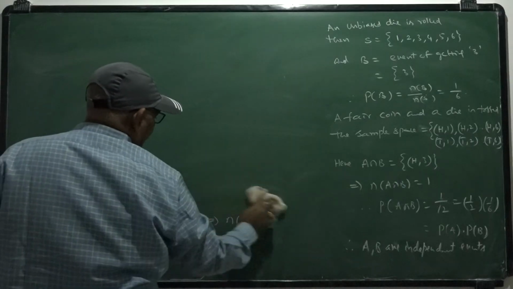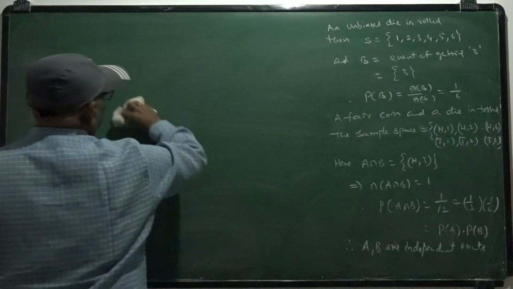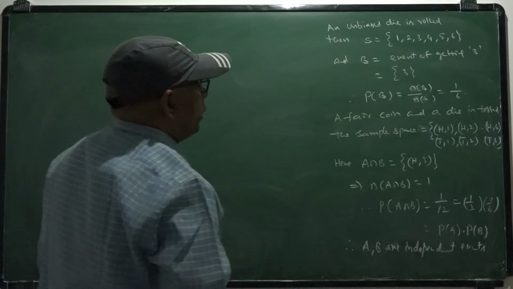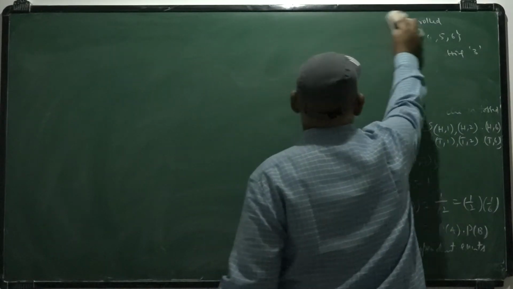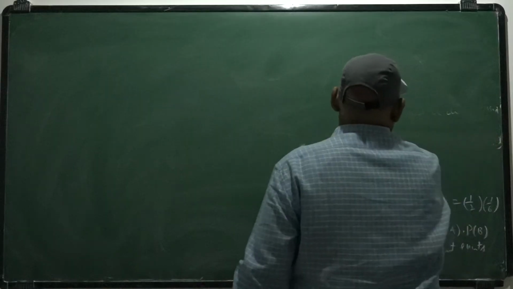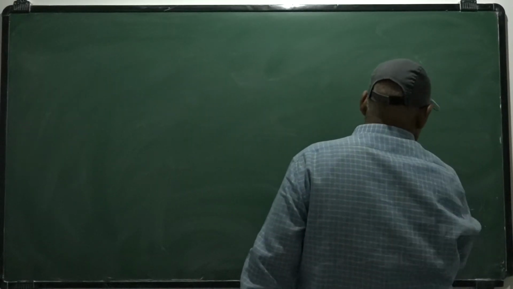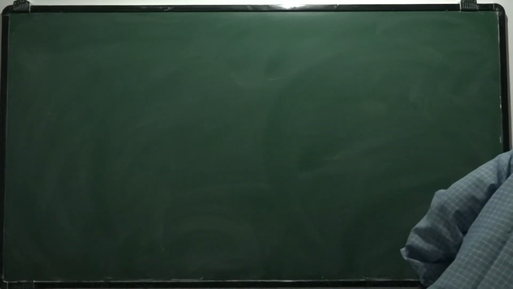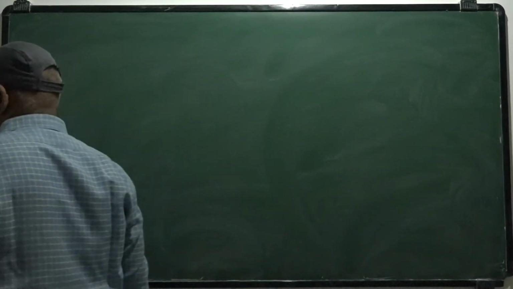If P of A intersection B is phi, then they are mutually exclusive. Mutually exclusive events cannot be independent because the intersection probability is 0 when both events are mutually exclusive.